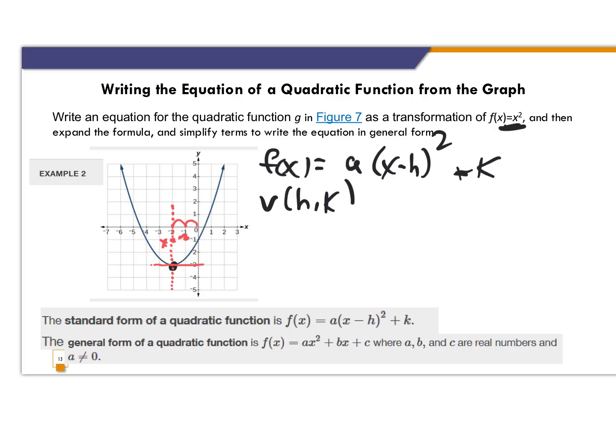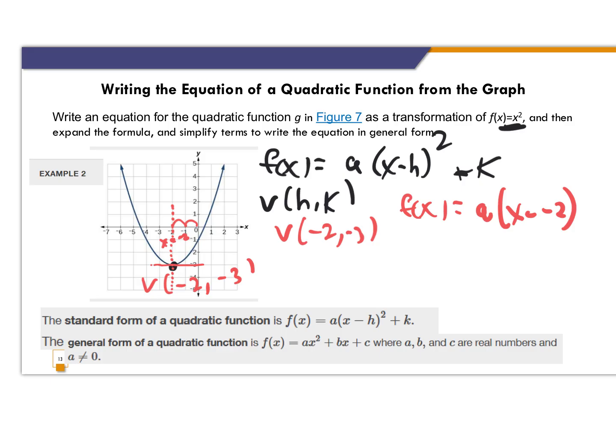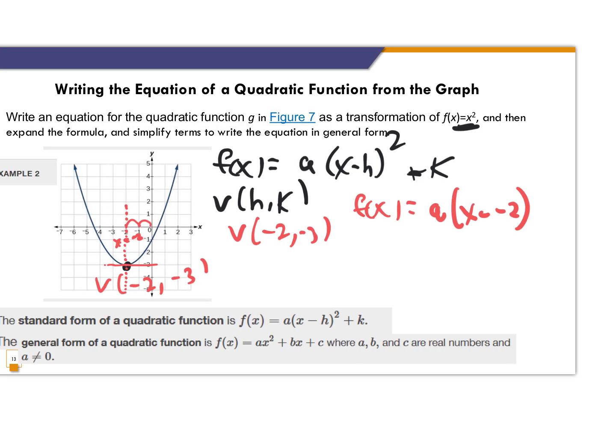So my vertex is negative 2, negative 3. So let's plug in what I have. F of x equals some a that I don't know, times x minus what? What's my h? A negative 2. Plus what? Plus my negative 3.